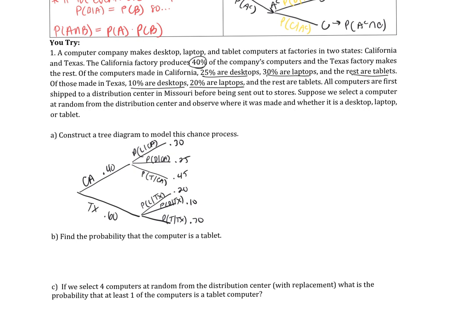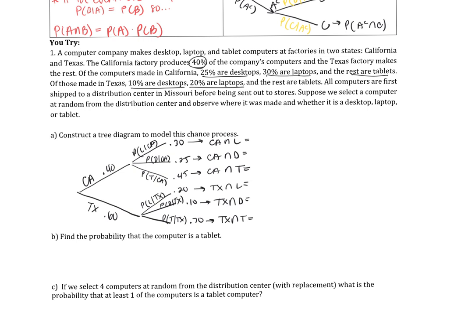And we can calculate these intersections here. We've got California and laptop. We've got California and desktop. California and tablet. Texas and laptop. Texas and desktop. Texas and tablet.